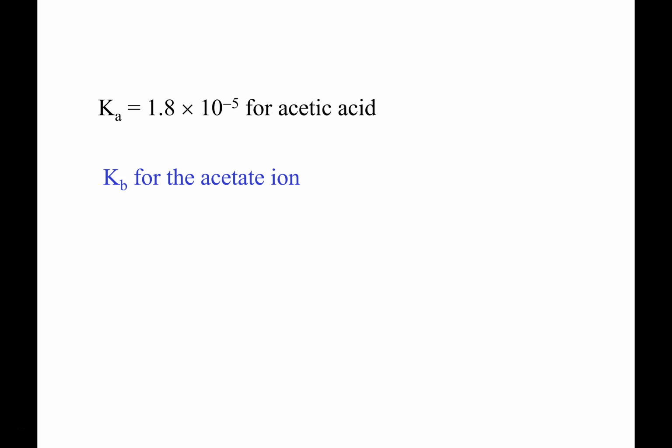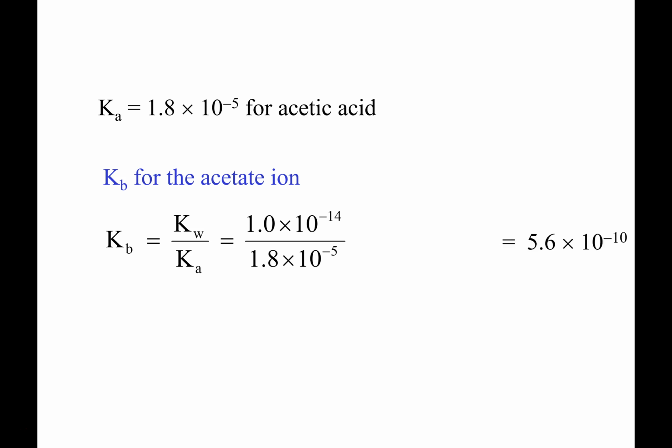But we do have the Ka for acetic acid. So Kb is Kw divided by Ka. In this case, 1.0 times 10 to the negative 14 divided by 1.8 times 10 to the minus fifth, giving it 2 sig figs. Like you saw a minute ago, the Kb is 5.6 times 10 to the minus 10th. It's kind of a backdoor into something that's not on the table.